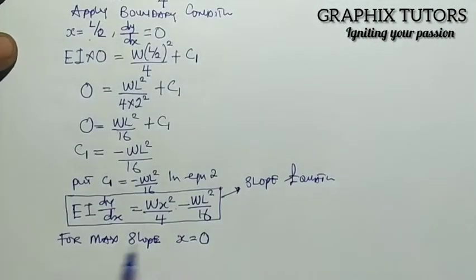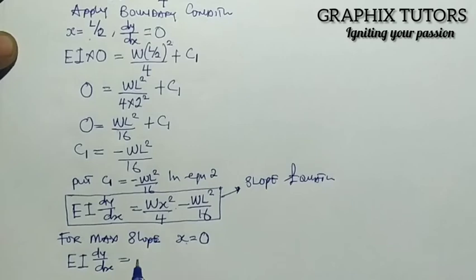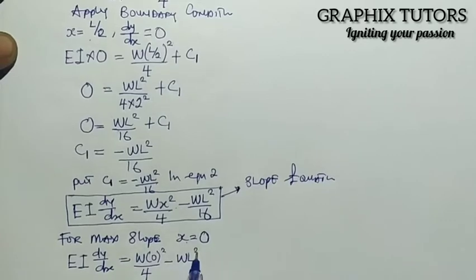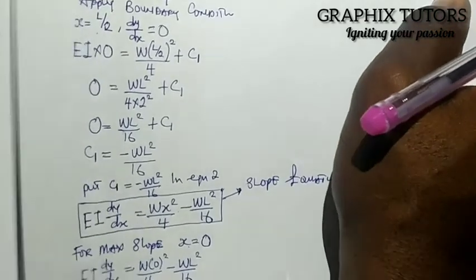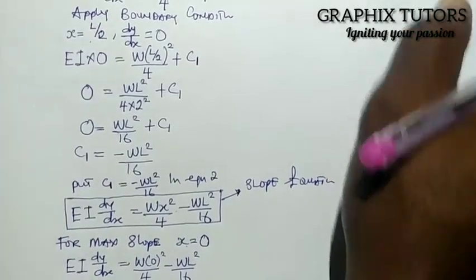So anywhere we see the x, we put 0. So I'll be having my EI dy over dx equals W times 0 squared over 4 minus WL squared over 16. So from here, we are going to be having this.